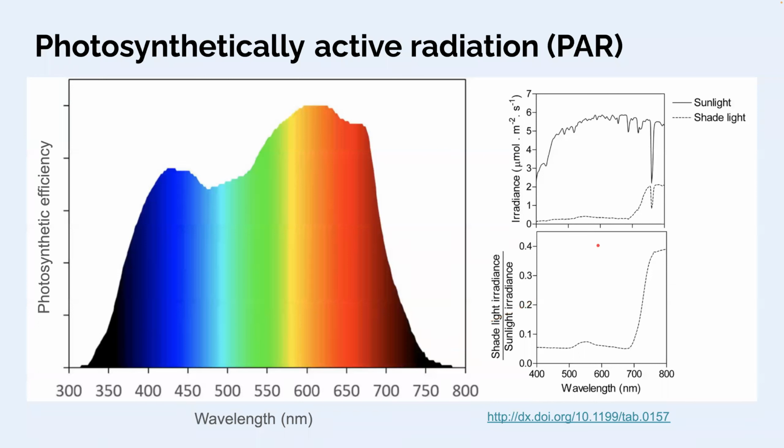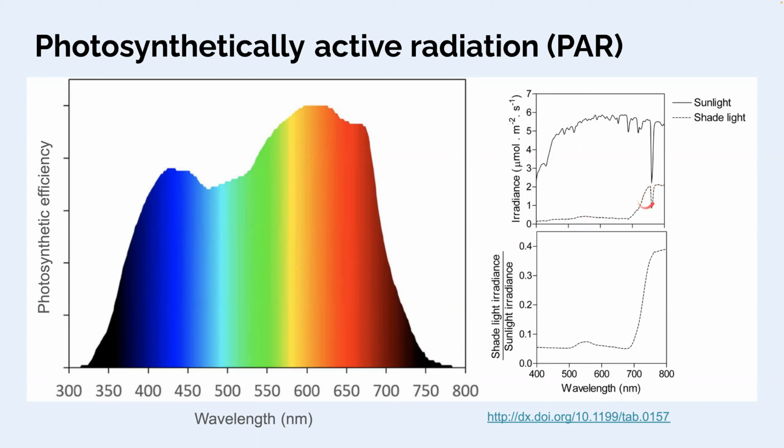Let's start with the right here. This is like the absorbance, the wavelengths of light that are present in sunlight. So pretty kind of uniform throughout. And in shade light, pretty low, but only in these colors up to about 700 nanometers, so up through the reds.